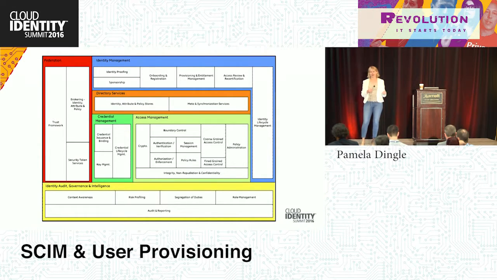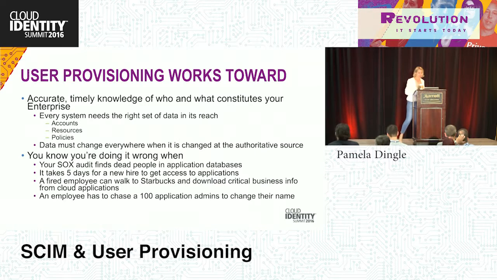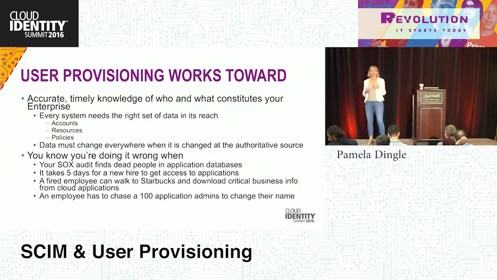How do you get that simple piece of information to every single system that, for example, might want to always let the CEO in? So that's sort of the simple problem statement that we're trying to get to. We're trying to make sure that every system that's operating on corporate information is operating on the most up-to-date, the most timely, the most accurate piece of data.